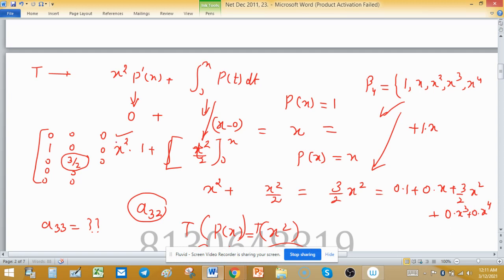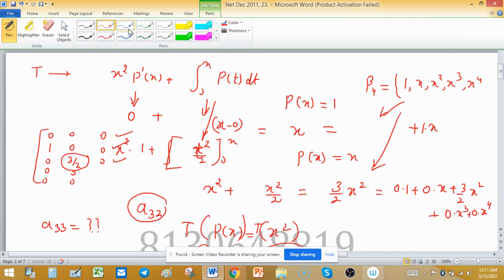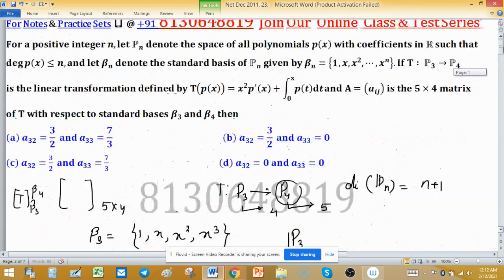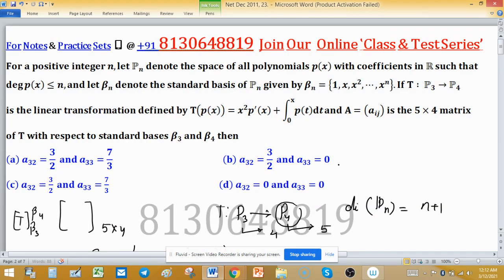This is for constant, this is for x, and this is for x square. I change the color. So this entry is A33, and here 7 by 3 will come, and after that 0. So this is the third column, and A33 is 0. Now match the option which gives the right information, as A32 is 3 by 2 and A33 is 0. So option B is correct.